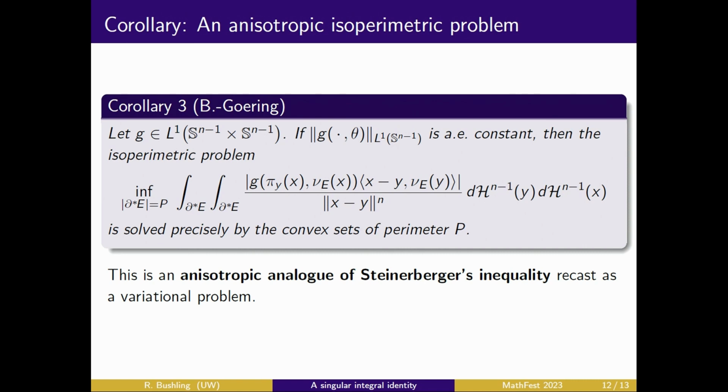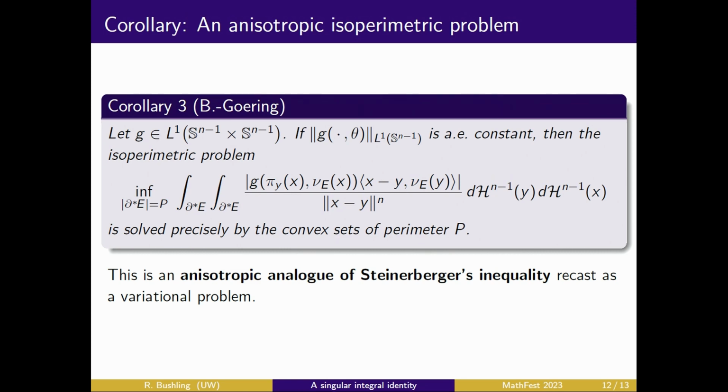This hypothesis on G is a little bit unnatural. One can try to attach some physical or geometric meaning to it. But it seems that the geometry of your minimizing set, which can sometimes be empty, is really tied into the geometry of this function, this L1 norm of G as a function of its second argument.